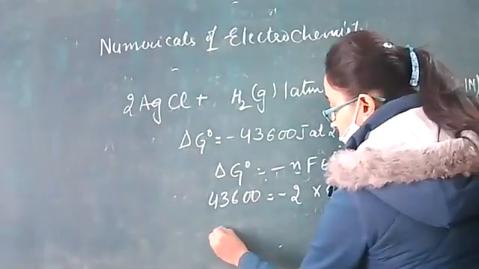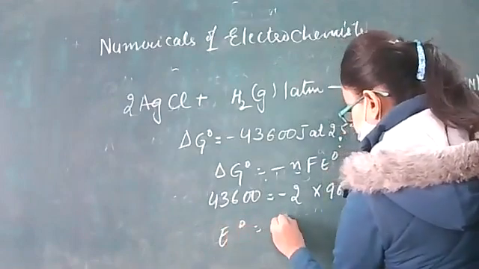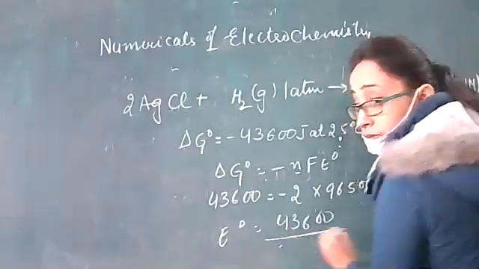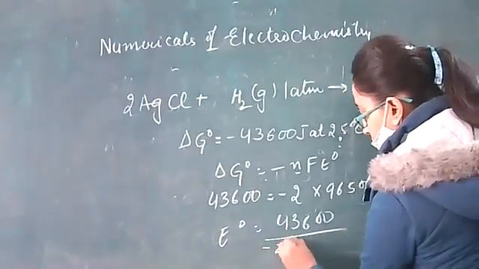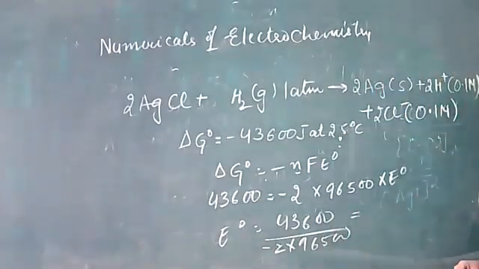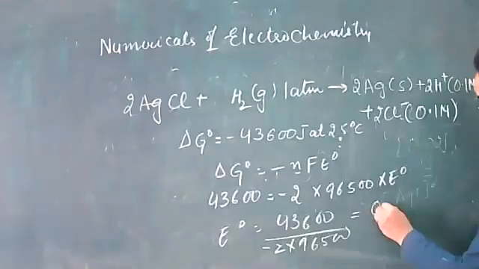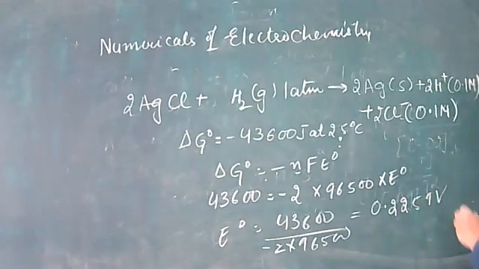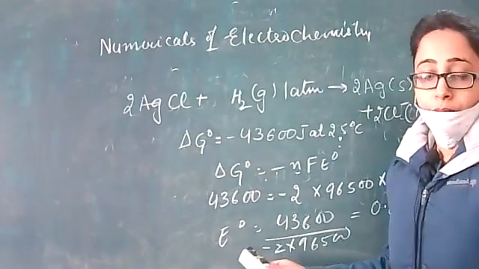Now from here, finding the E naught, you will get the answer, that is 0.2259 volt. Now we have E naught, so how do we find E cell?